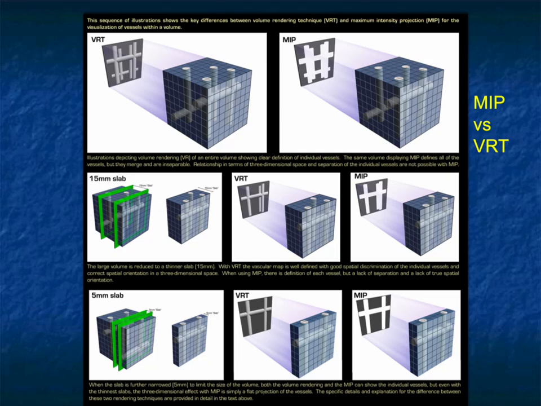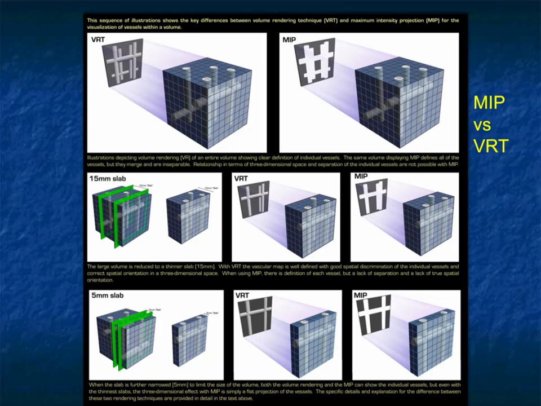With volumetric rendering and cinematic rendering, things that are closer look closer, things that are further look further. With MIP, whatever is brightest is closest to you. So something could be in the back of the image, but if it's very bright, it seems like it's in the front. So potentially you can make significant mistakes if you're trying to use MIP as a way of localizing things, because it's going to be wrong.